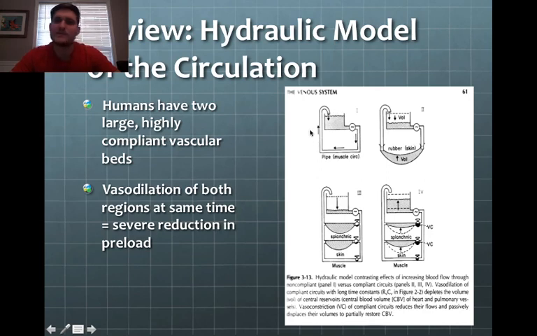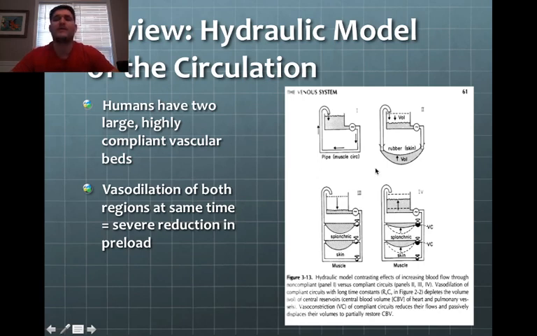If it was continuous tubing just right to the back of the heart, whatever would be pumped out would just return, right? But since we have these compliant regions, a lot of that blood is going to be accumulated here and not going to make its way back to the heart. So you could see that reduces stroke volume. And if you add more of these compliant regions, well, then that's going to further reduce preload.